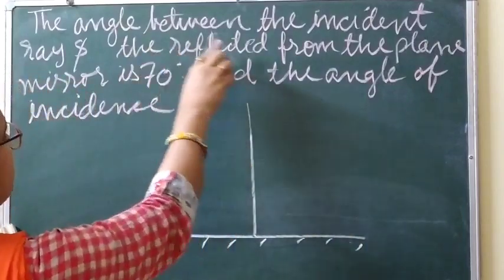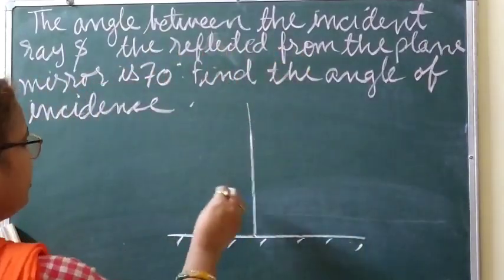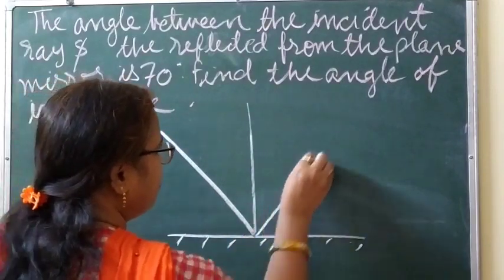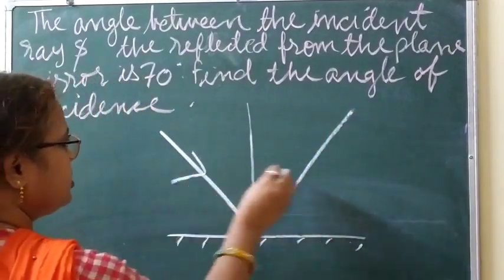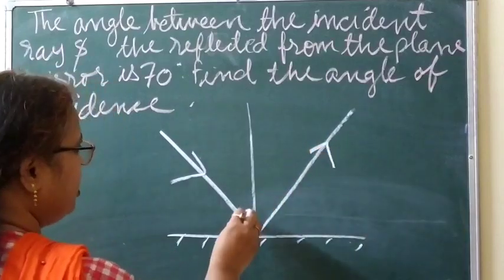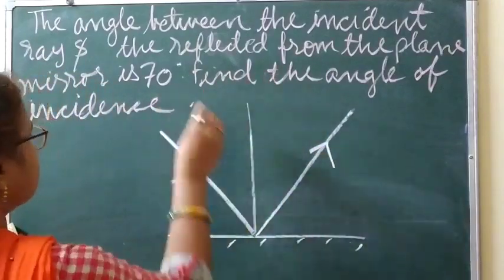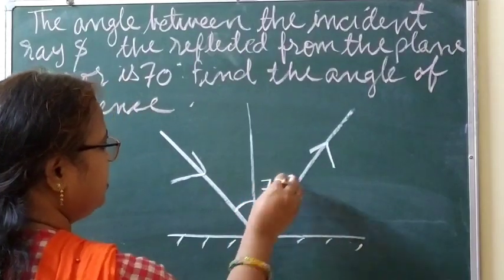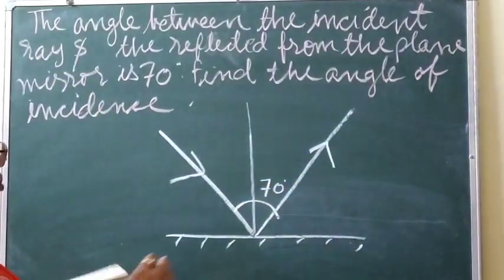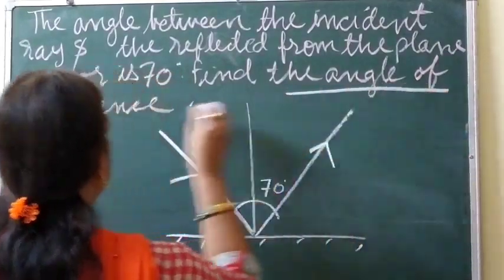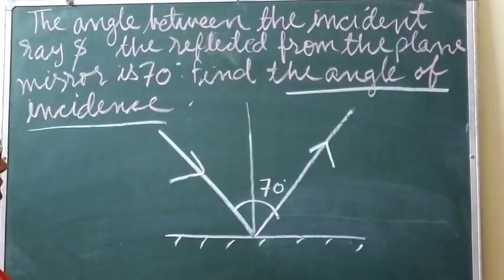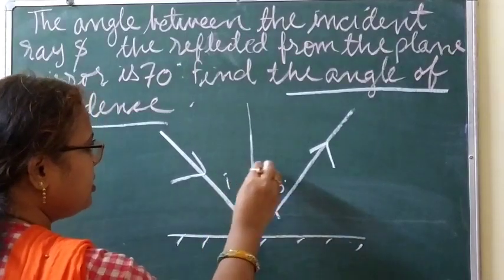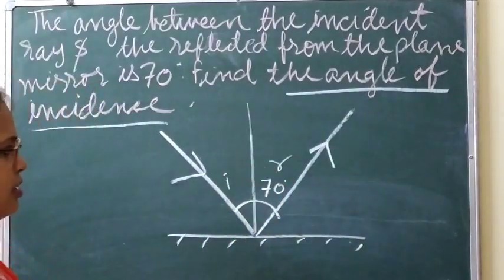What is given is the angle between the incident ray and the reflected ray. This one is the incident ray, and this is the reflected ray. The angle is 70 degrees, so this whole angle is 70 degrees. You have to find the angle of incidence. This is the angle of incidence, and this one is the angle of reflection.